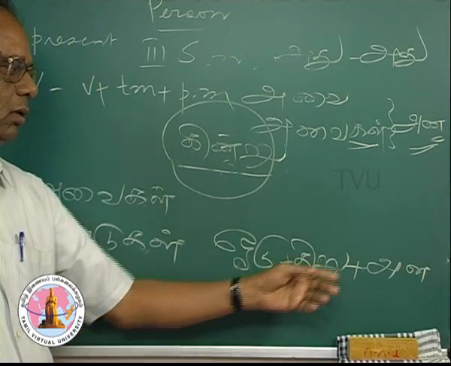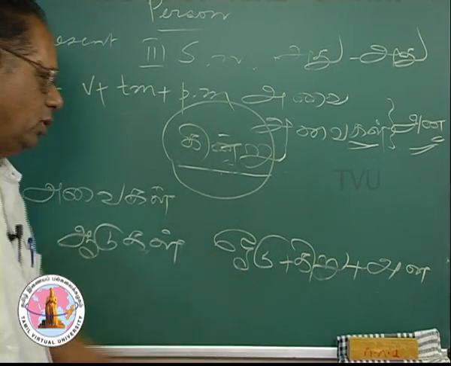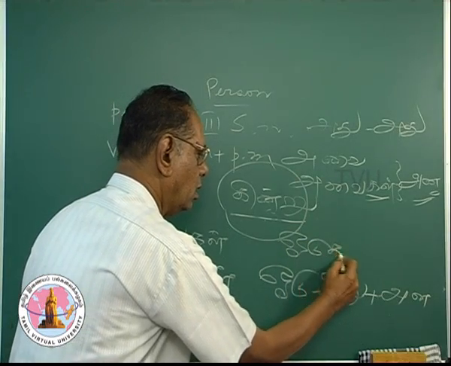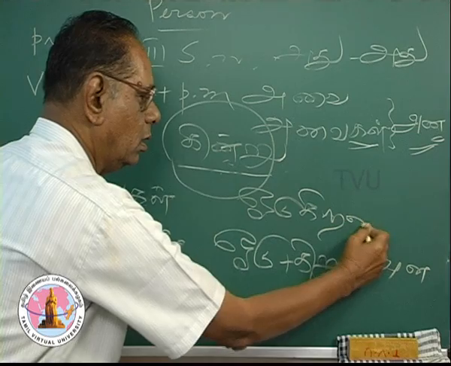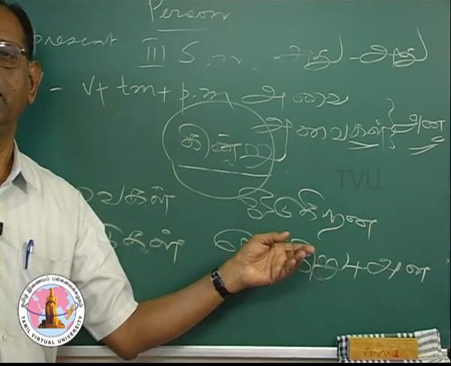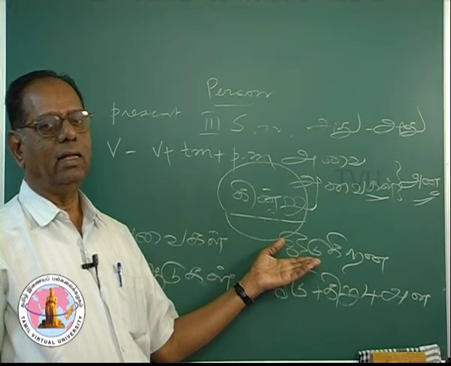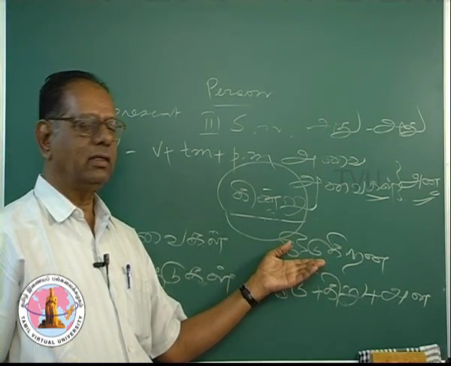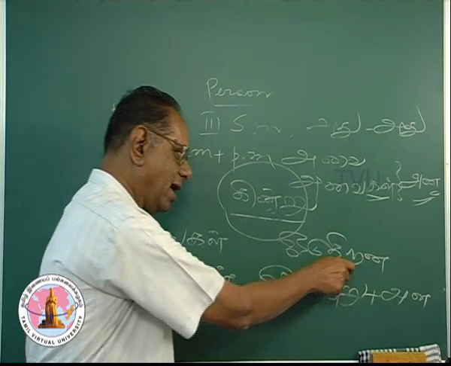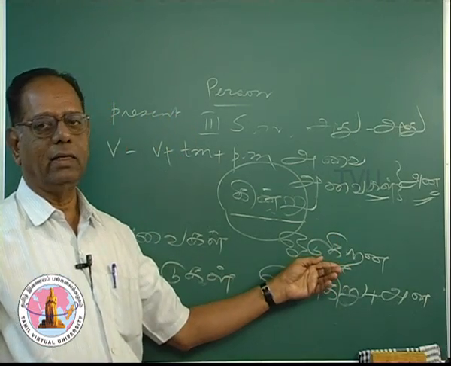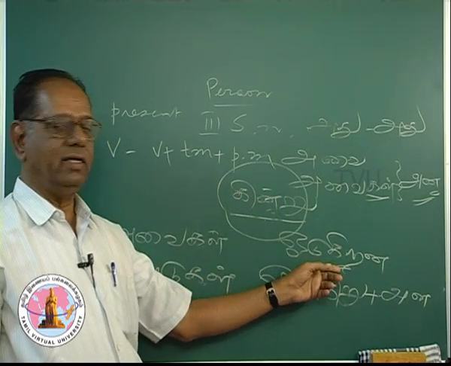Odu, kiru, ana. Put together, this should be Odugirana. Somehow, the earlier grammarians felt that this lacked something, and it will be better if kindru is added here.